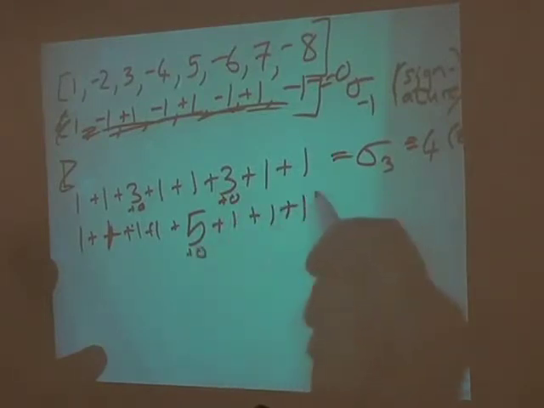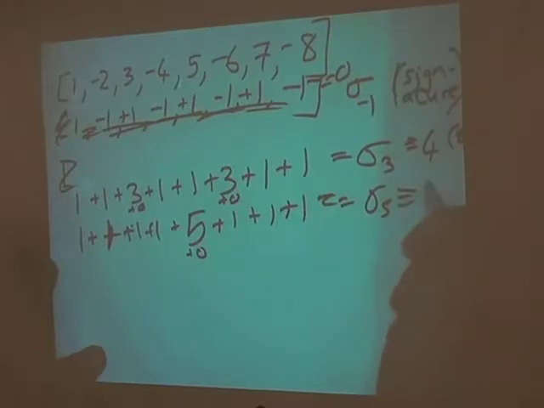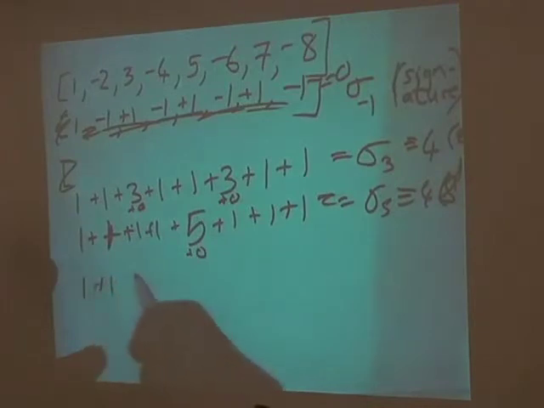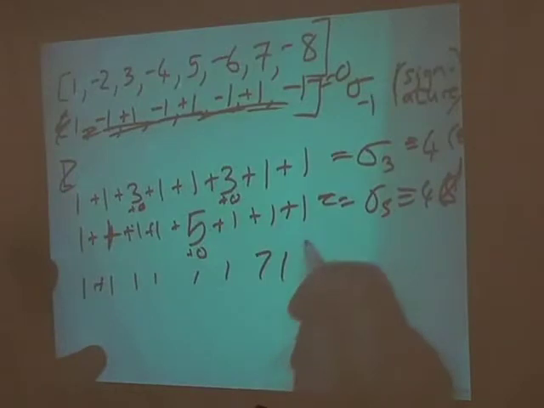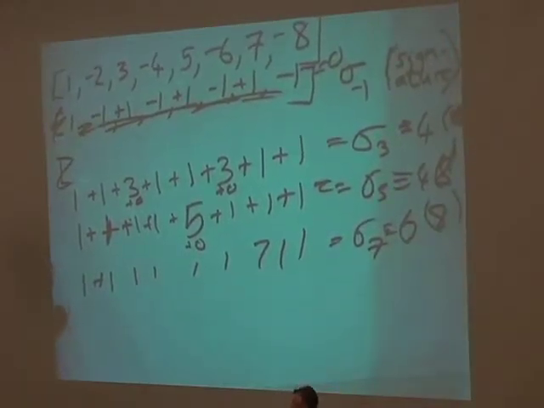Again, this is +0. This is 4 mod 8 again. Okay, I have obviously got to do one more case. 1, 1, 1, 1, 1, 7 and 1 is 6 mod 8. I'll define sigma 2 later, but I don't need it.